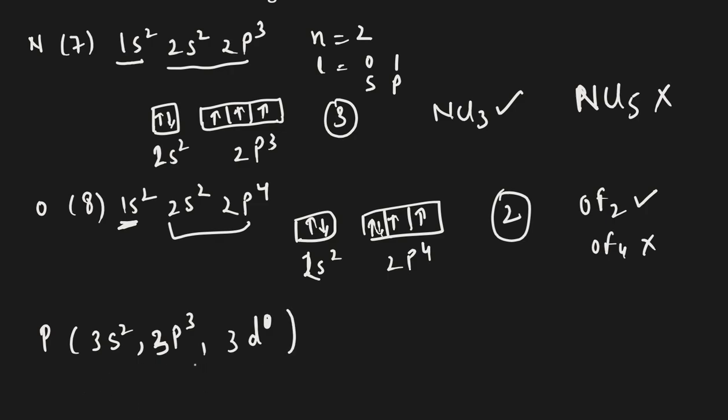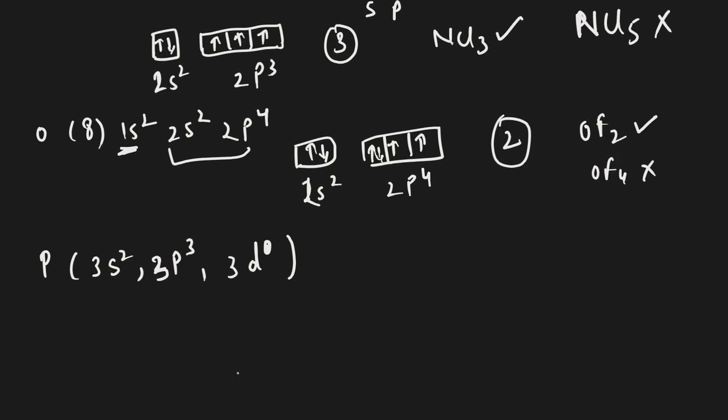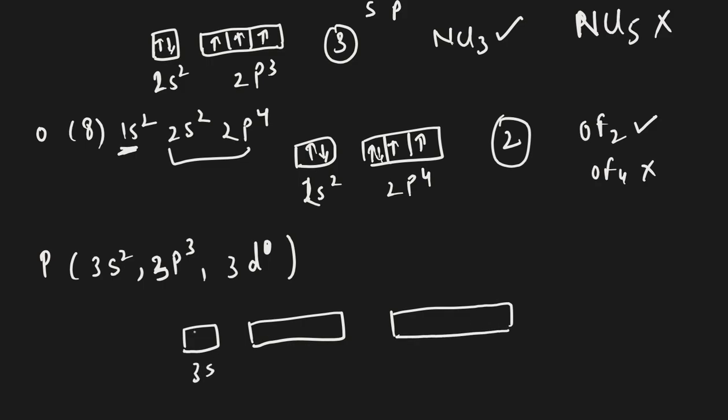This is the configuration for phosphorus. Okay, so here if I draw this configuration, you will see this is 3s, this is 3p, okay, and of course 3d is empty.